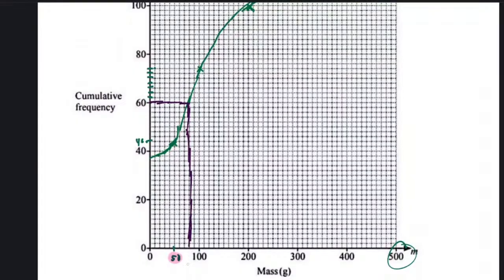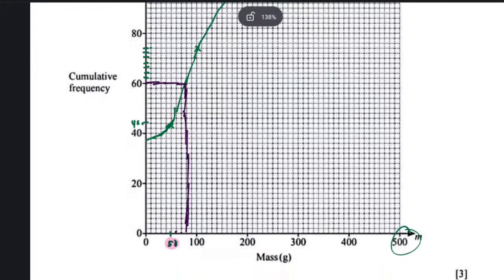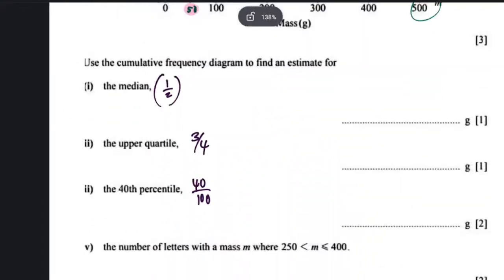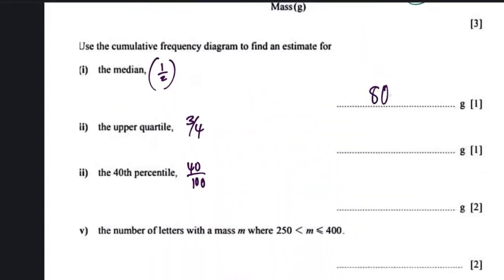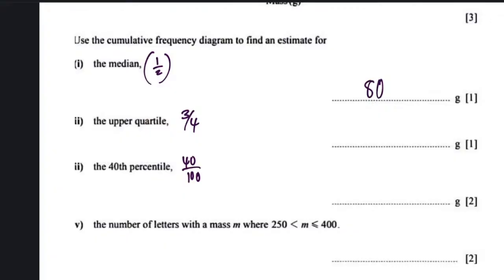So that's between 50 and 100. If it's between 50 and 100, that's 60, that's 70, that's 80. So this is going to be 80. It's at 80, so that means your median is 80 kilograms or 80 grams.